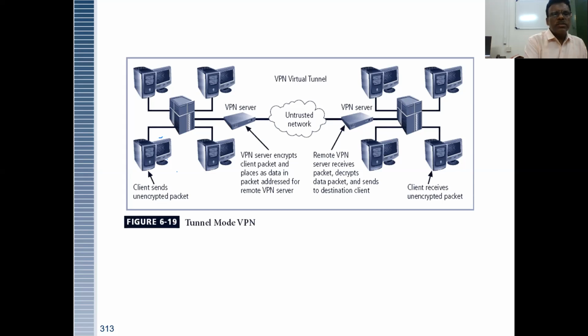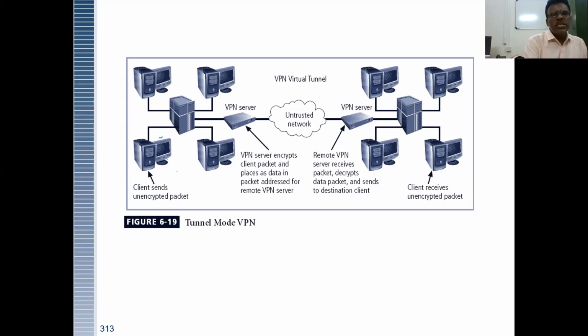So please keep in mind this particular figure. The pictorial representation shows very clearly that there should be a dark line of representation flowing from one virtual private network server to another virtual private network server. There should be encapsulation, and there should be the process of encryption, both.